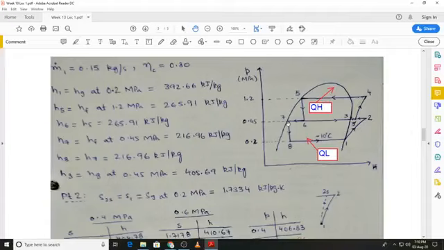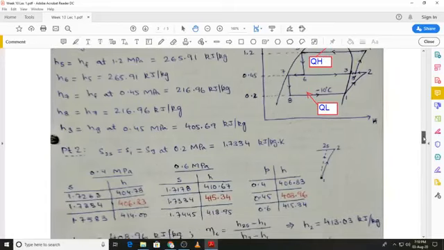We find that value from the table as well. And then H8 again is the same as H7 because it's another isenthalpic process. And H3 is Hg, that is saturated vapor at 0.45 megapascals. So these values initially have been obtained straight away from the table.